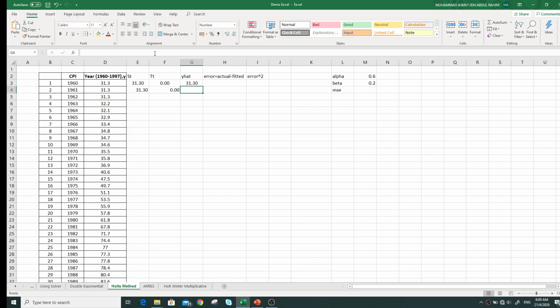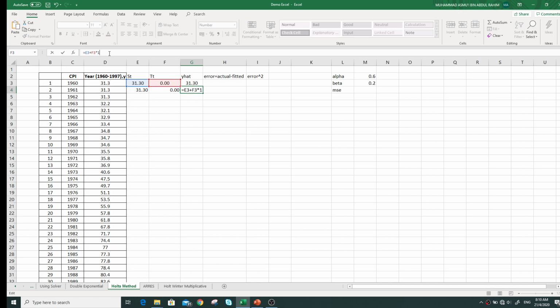Now our Y hat. This is Y hat 2, so it is actually S1 plus T1 times 1, for the estimated process. This is just for your illustration so that you understand.